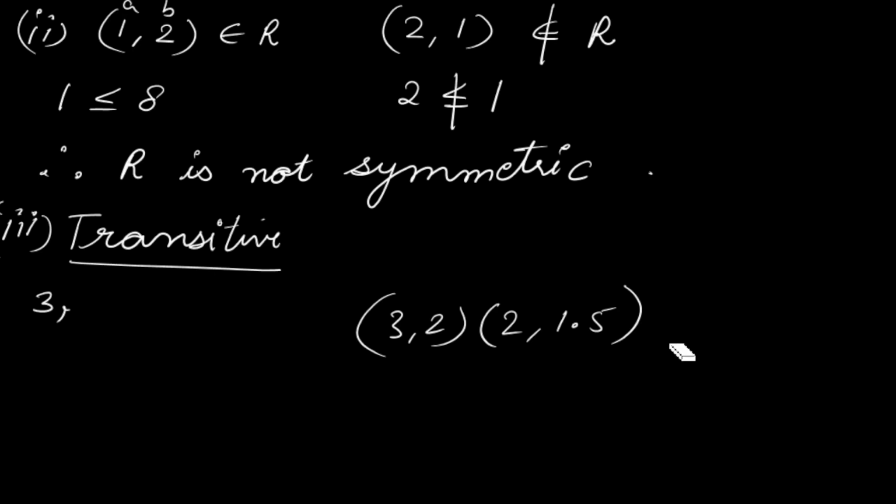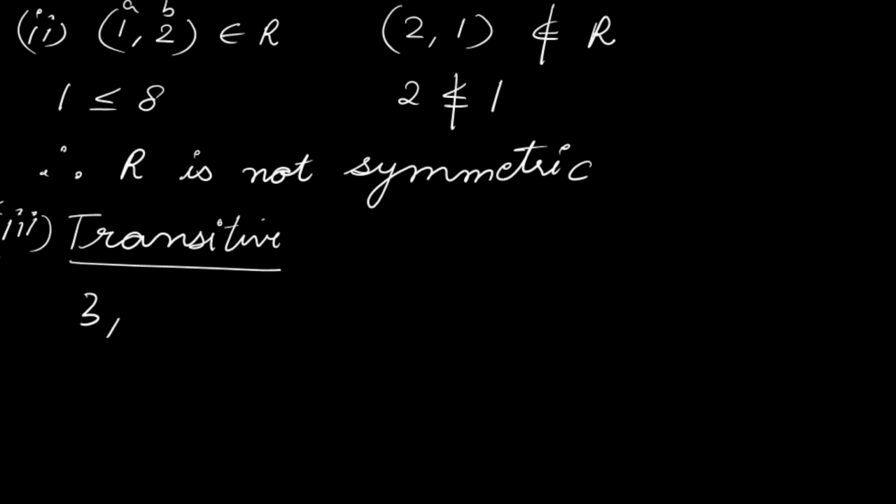You can check with this one also, but here I am going to choose a different ordered pair. For transitive, let's try 3 comma 1.5, and 1.5 comma 1.3. You can take 1.4 or 1.2 also.